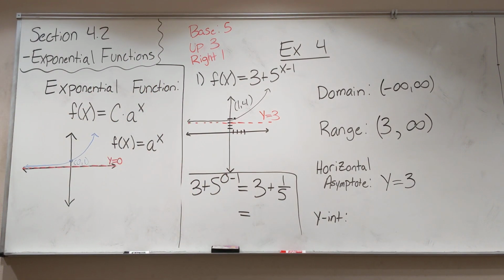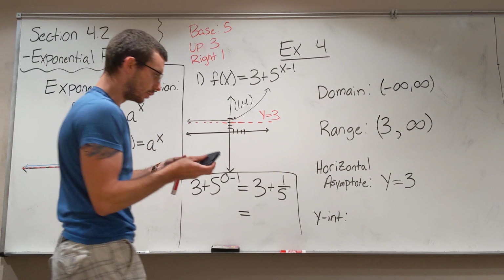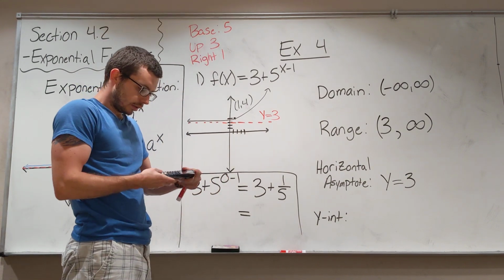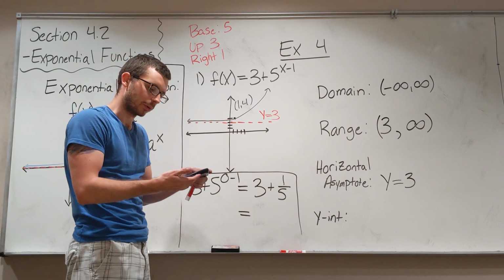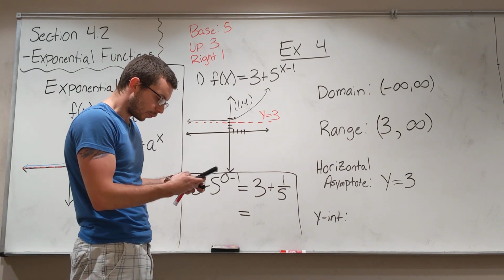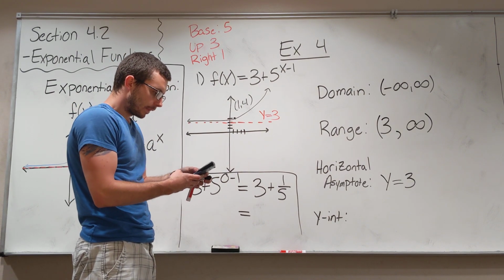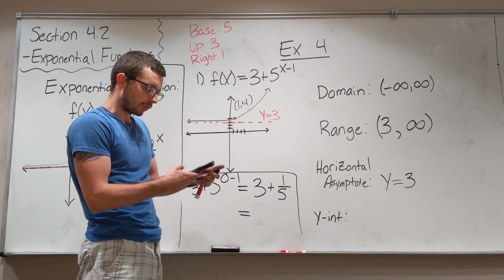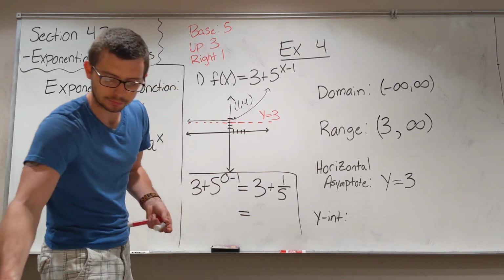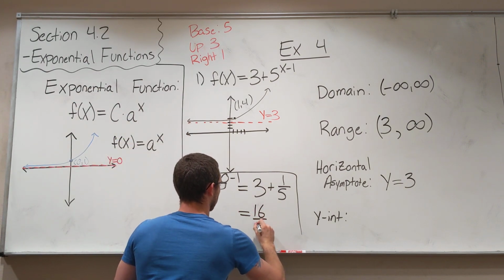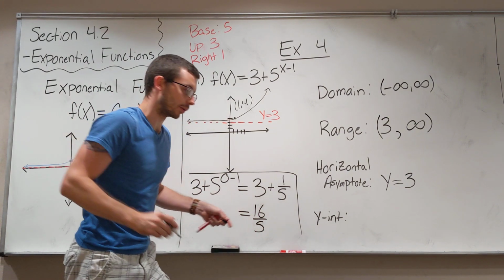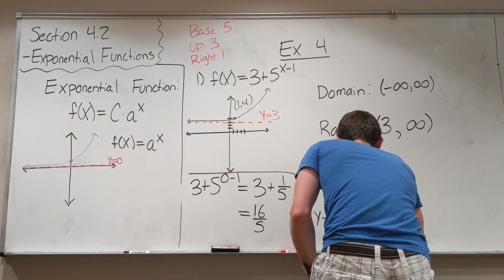To make sure you get a fraction as an answer, you can use your calculator. So the decimal may not be too helpful, although it may be correct. So 3 plus 1 over 5, I'm going to convert that to a fraction, and I get 16 over 5. And that would be your answer for this problem.